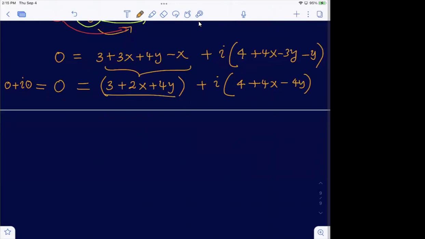So that simply means, since we equate this to 0, which is none other than 0 plus 0i, what we are going to get is 0 as the real part equals 3 plus 2x plus 4y, and for convenience, let me write down equality with 0 on the right side. Again, in the same way, the imaginary component equated to 0, you're going to get the second equation.